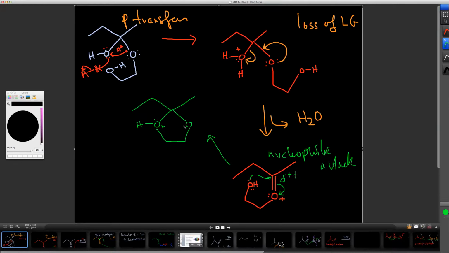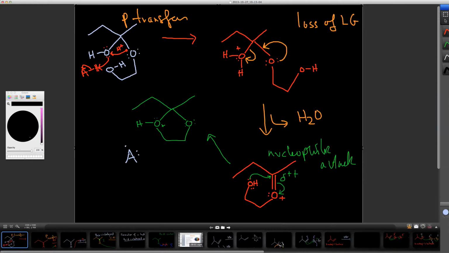Now this carbon is engaged in two ether linkages. The only thing that's really left to do at this point is to neutralize this molecule. And when we have two ether linkages, this goes from being called a hemiacetal to now being called an acetal.